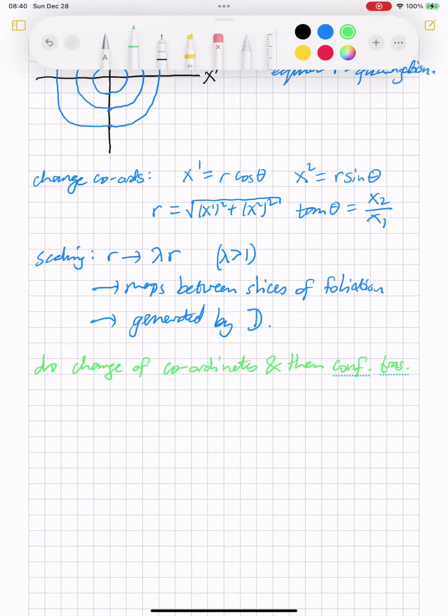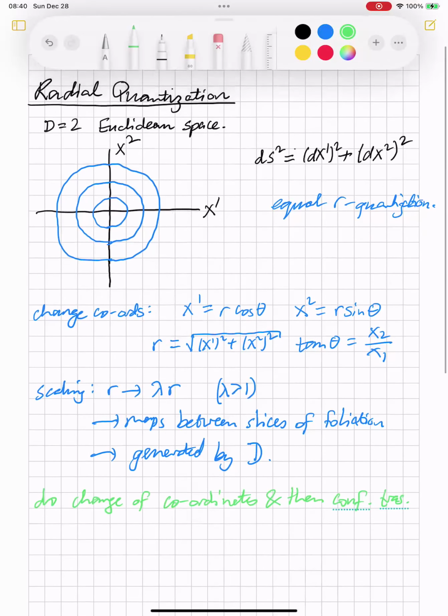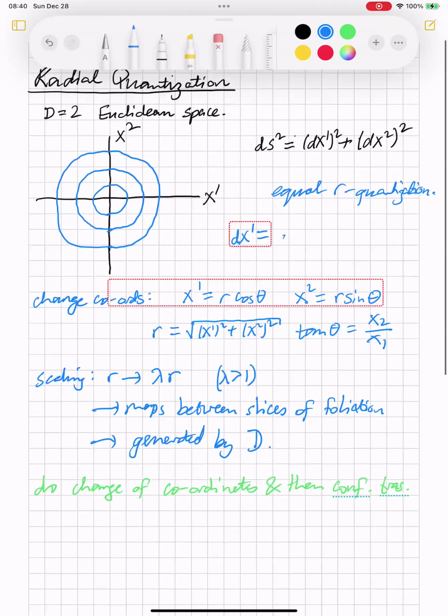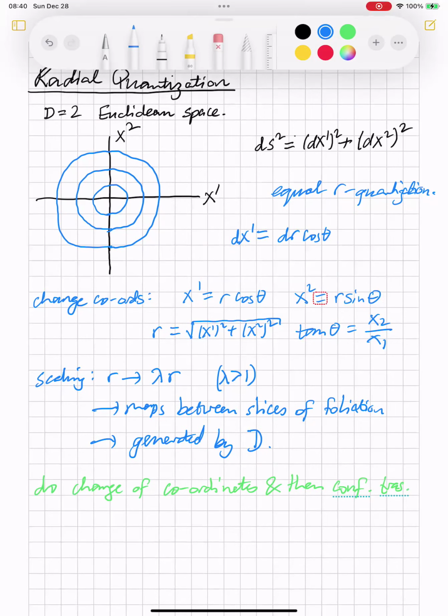Okay, so I'm going to start off by rewriting my metric in terms of r and theta. And if you remember, what am I going to use? Something trivial here. If I look at dx1, well, I could get dr times cosine theta. And then if I take d cosine theta, I'll get minus r sine theta d theta. I think you guys are absolutely comfortable with this.